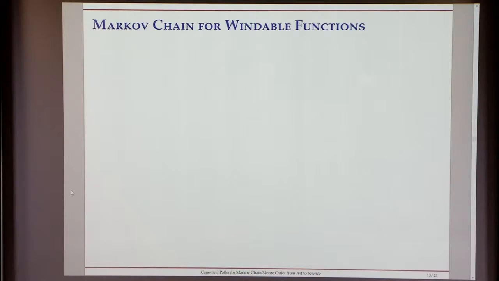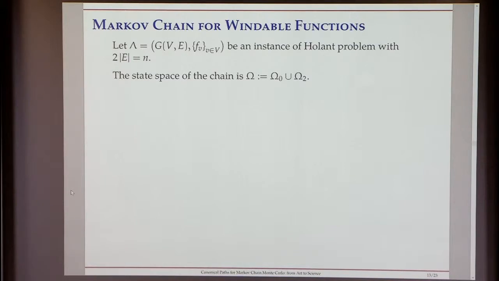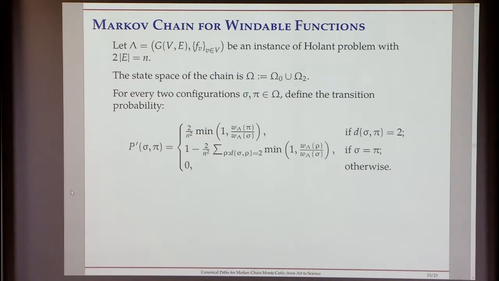Okay, and so our Markov chain just runs on the space of omega 0 and omega 2. So our Markov chain uses a simple Metropolis rule to move between configurations, and we only move between configurations whose Hamming distance is exactly 2.